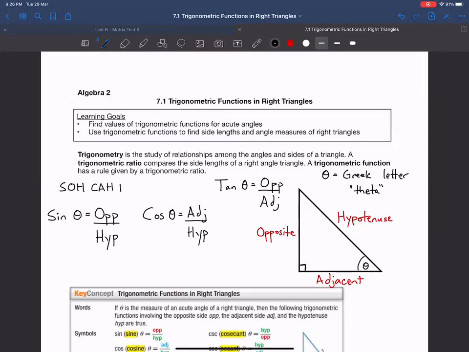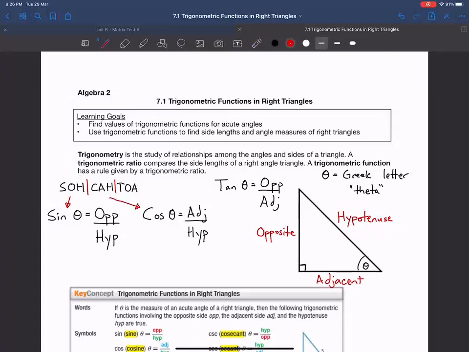SOHCAHTOA. The idea behind this is it breaks up into three parts, and this is meant to help us remember. So my sine is equal to my opposite, O, divided by H, my hypotenuse.